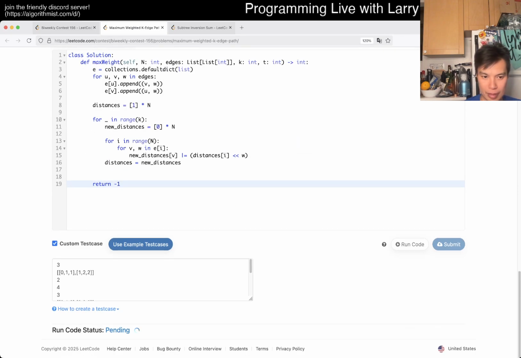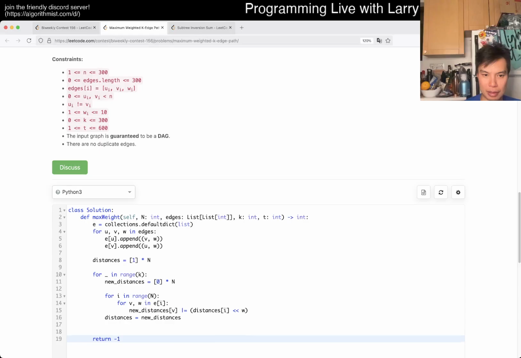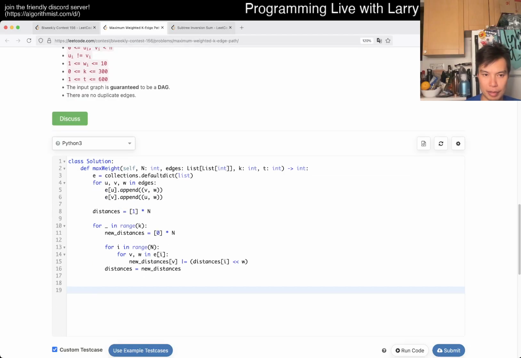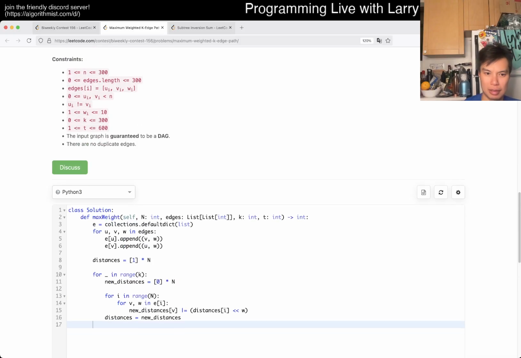There's like some weird thing with mods and stuff, but okay, fine, right? So then now, how do I even get like the most significant bit without doing, I guess 600 times 300 is not that bad, right? This is so silly though.